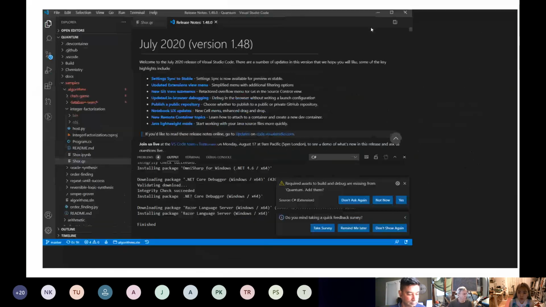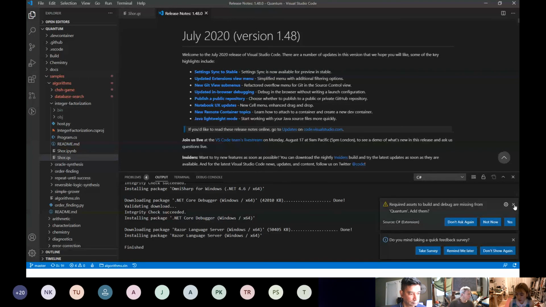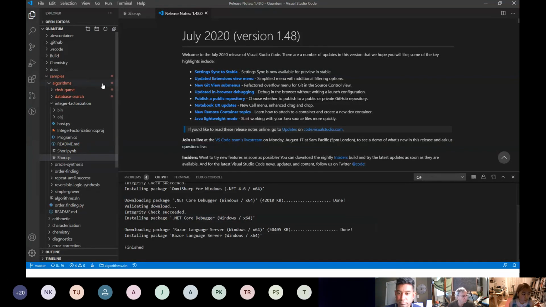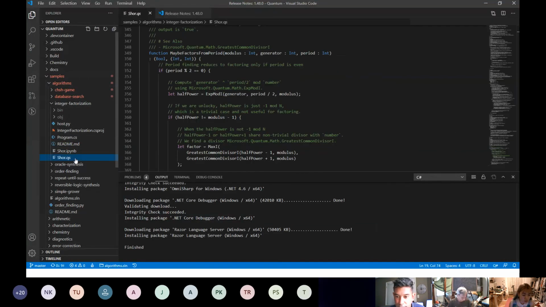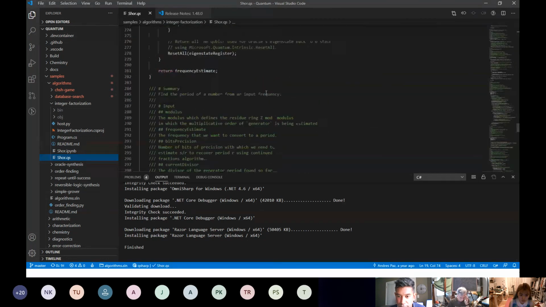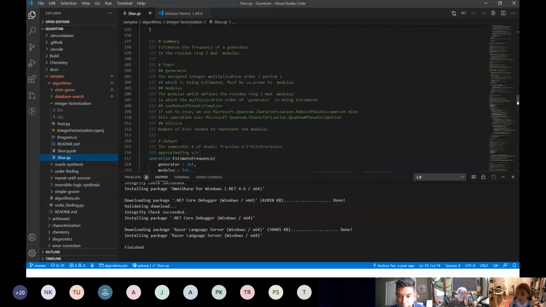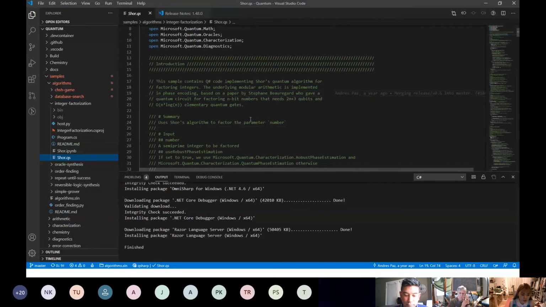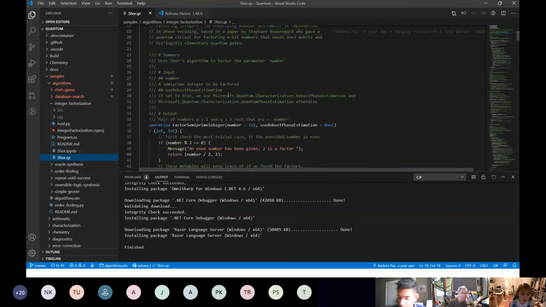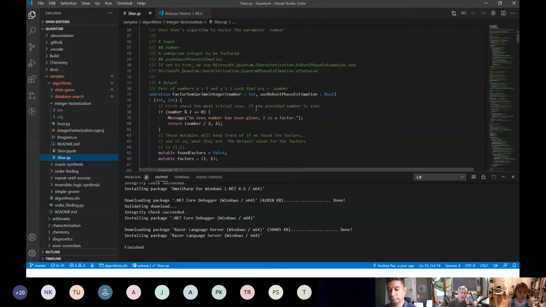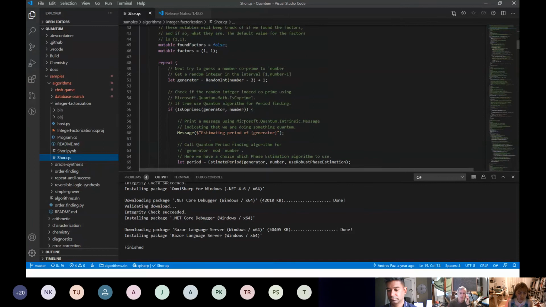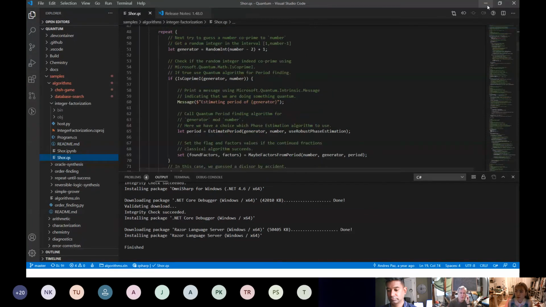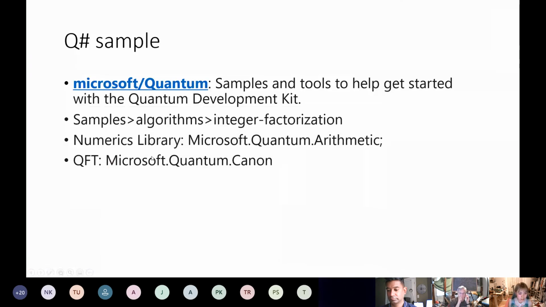I think walking through this in class is actually not as good as just looking at it yourself, because you need some time to look through all of these, and luckily it's all very well annotated. So I highly recommend that you clone the samples GitHub repo and try to look at Shor's algorithm at your own pace. So that's it for today.